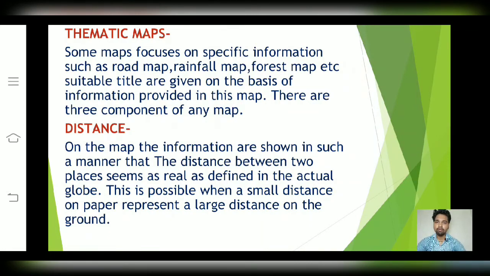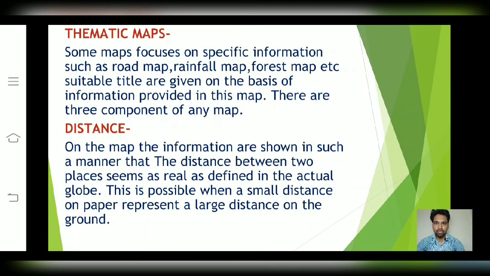So these information-oriented maps are basically thematic maps, such as road map, rainfall map, forest map, etc. Friends, these maps are used for a single and specific purpose. So the importance of these types of maps also increases.